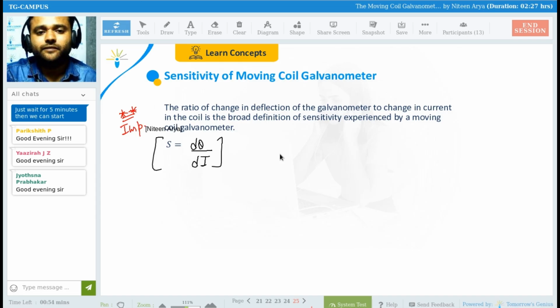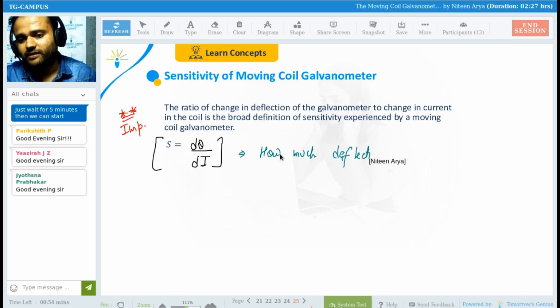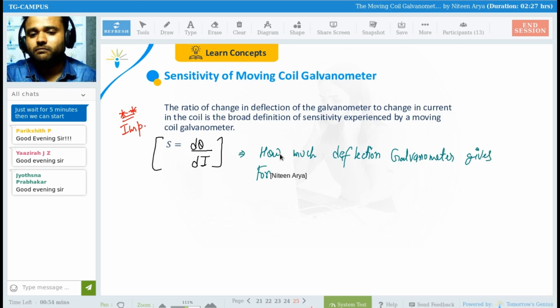Okay, this sensitivity is nothing but beta simply this. You can understand it this way: how much deflection the galvanometer gives for minute current also.